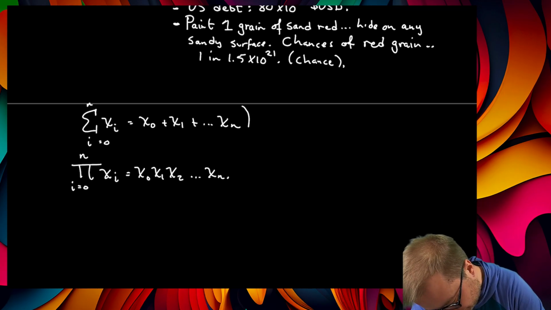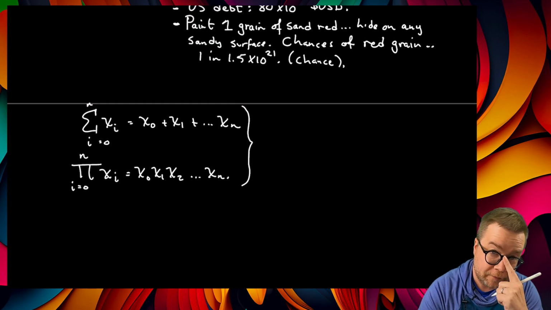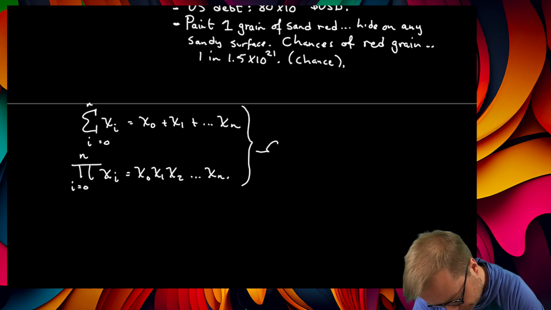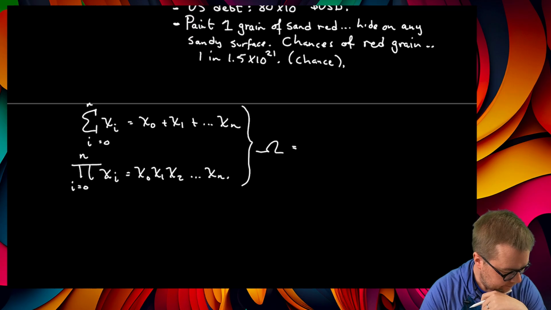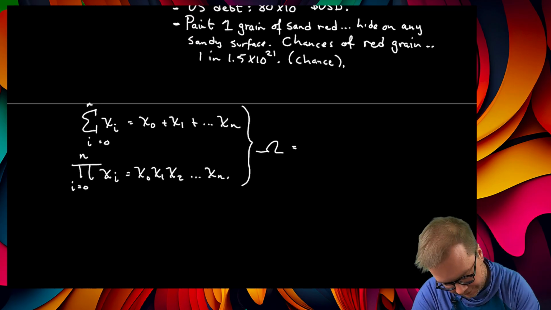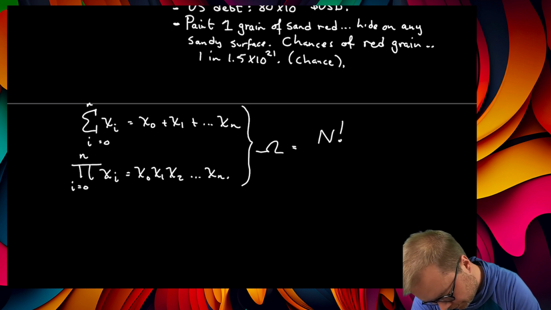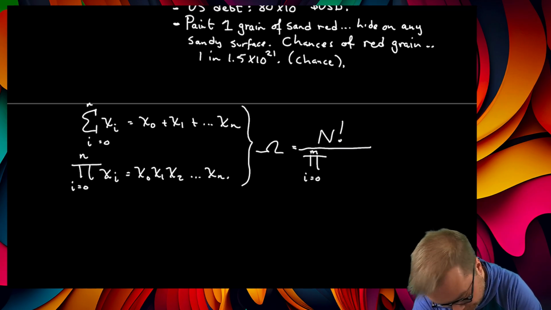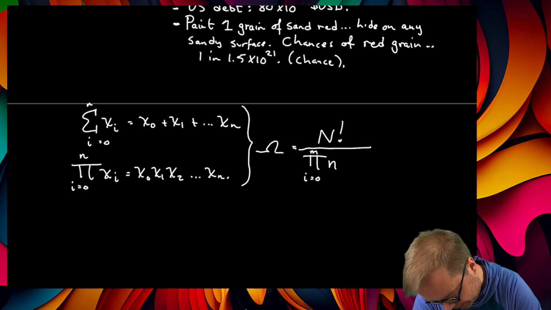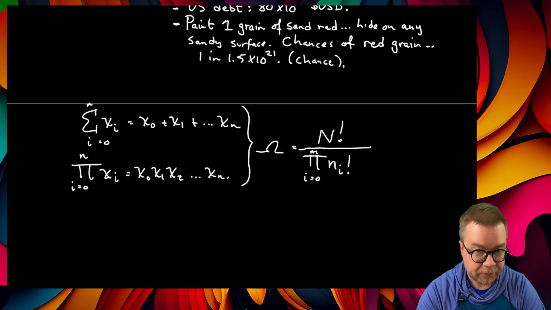Then from this, we'll define that the number of microstates is going to be the total number of particles, factorial, divided by the product, i equals 0 to m, of the number of particles in that configuration or partition, factorial, okay?